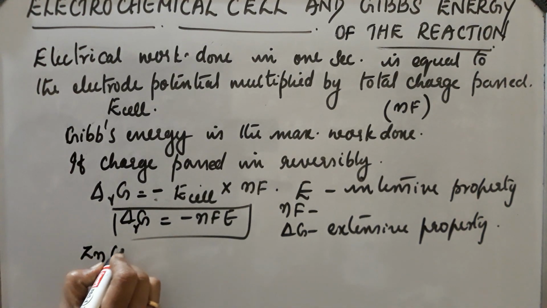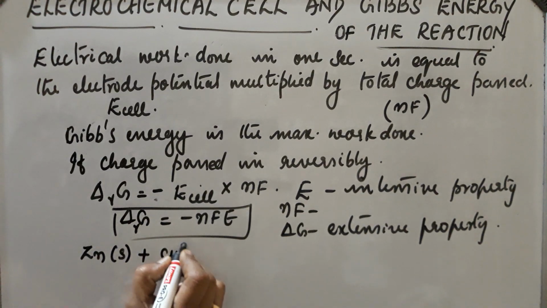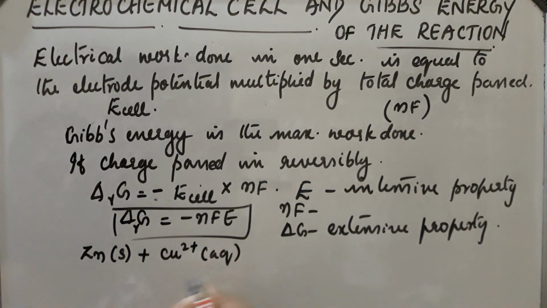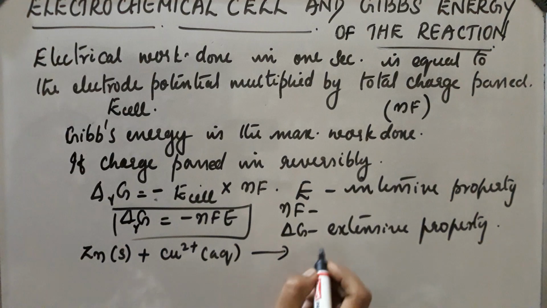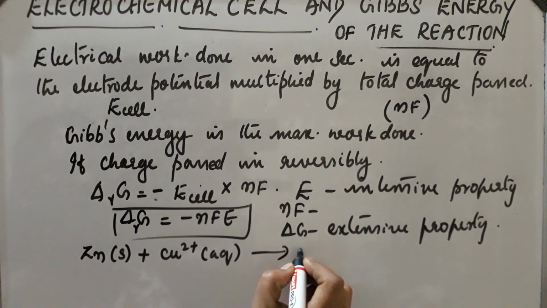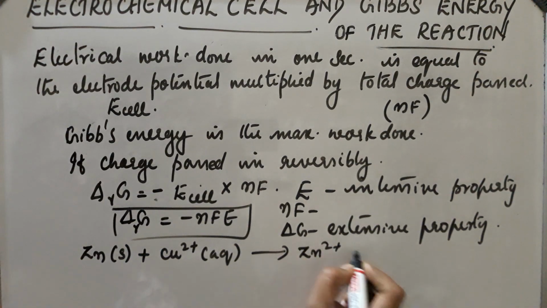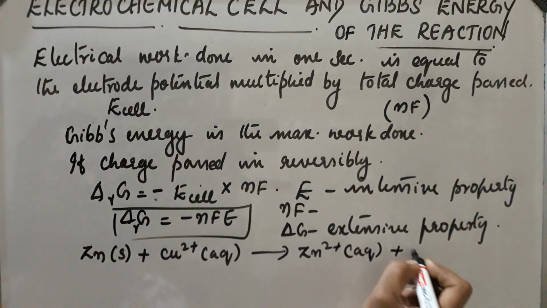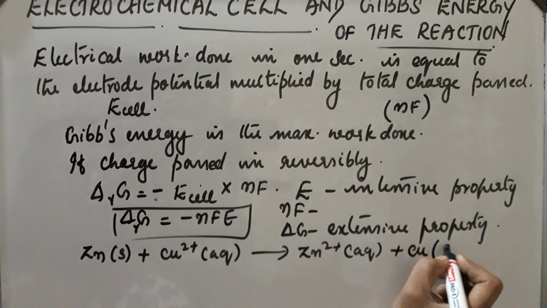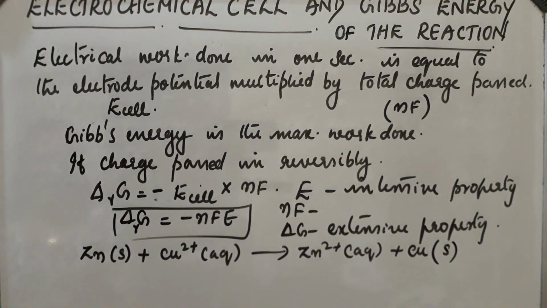Now, consider a galvanic cell reaction: Zn gives Zn2+ plus Cu. In this case, 2 electrons are taking part, so delta G of R will be equal to minus 2FE.